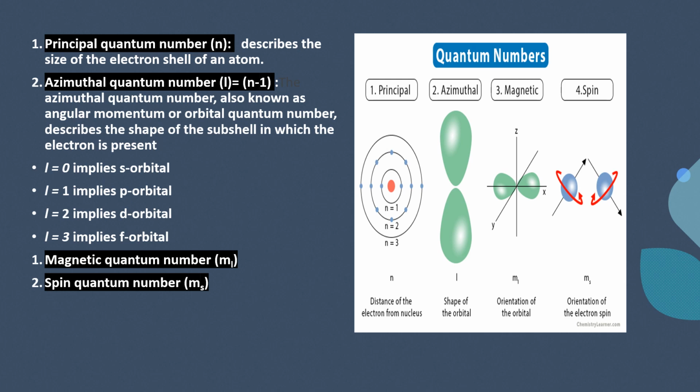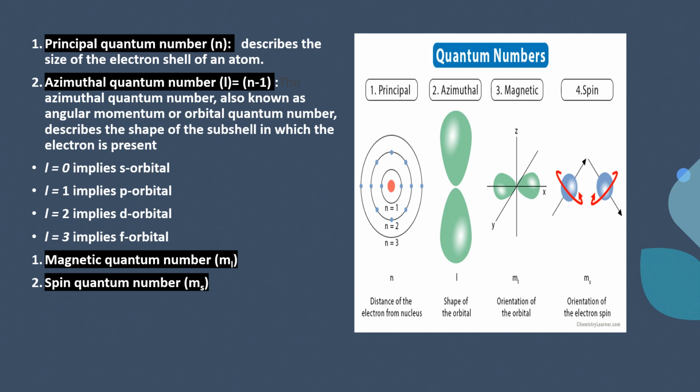For the next shell, n equals 2 means l equals n minus 1, so 2 minus 1, that is 1, down to 0.